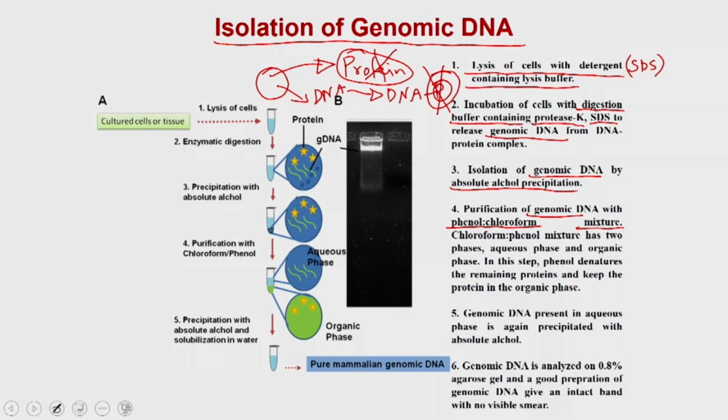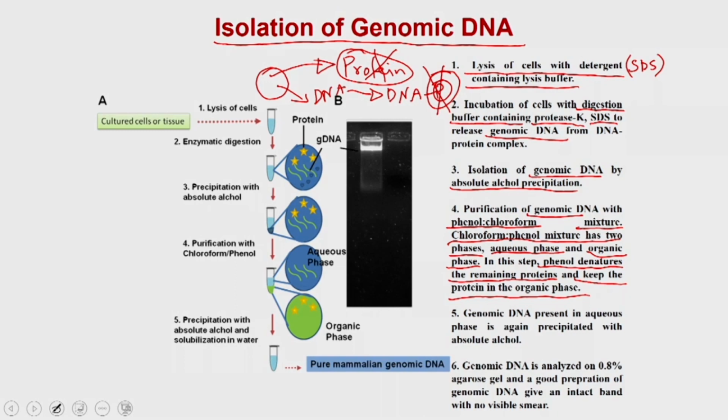Once you add the phenol chloroform mixture, what will happen is that the mixture has two phases, an aqueous phase and an organic phase. The phenol present in the mixture is going to denature whatever protein remains and keep the protein in the organic phase, whereas the aqueous phase is going to have the DNA.